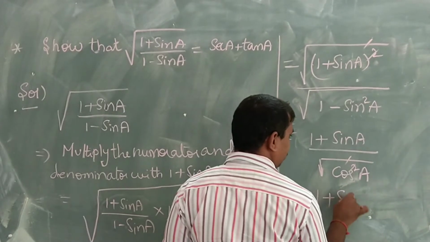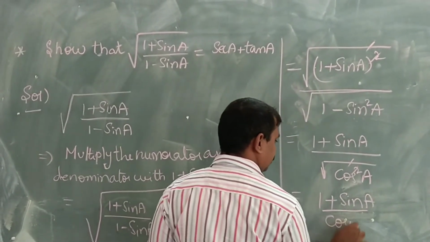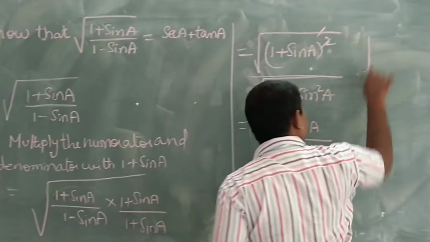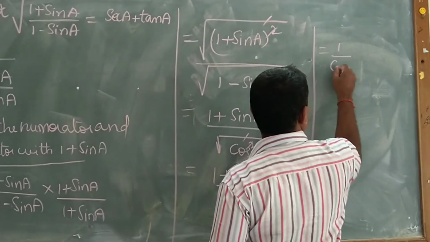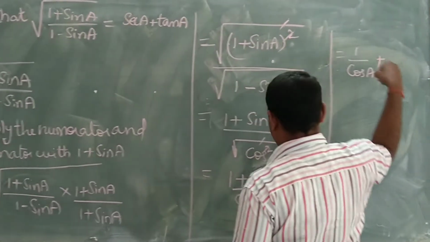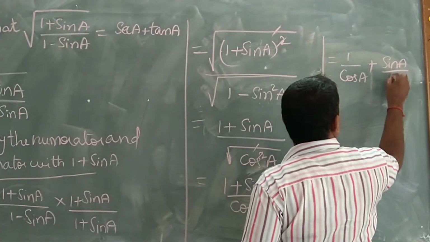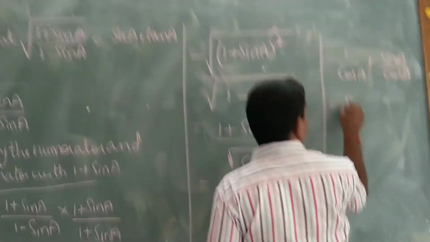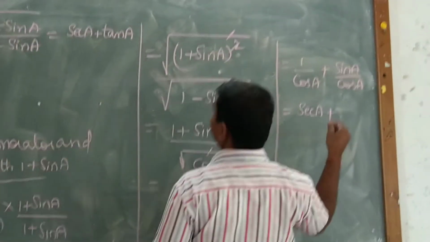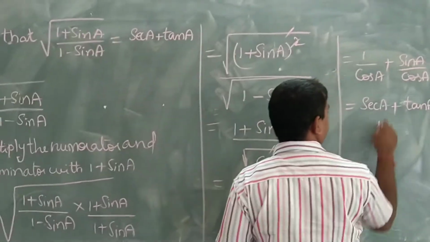So you remain with (1 + sin A)/cos A. That implies, split this up: 1/cos A + sin A/cos A. 1/cos A is nothing but sec A, plus sin A/cos A is equal to tan A. Hence we have proved.